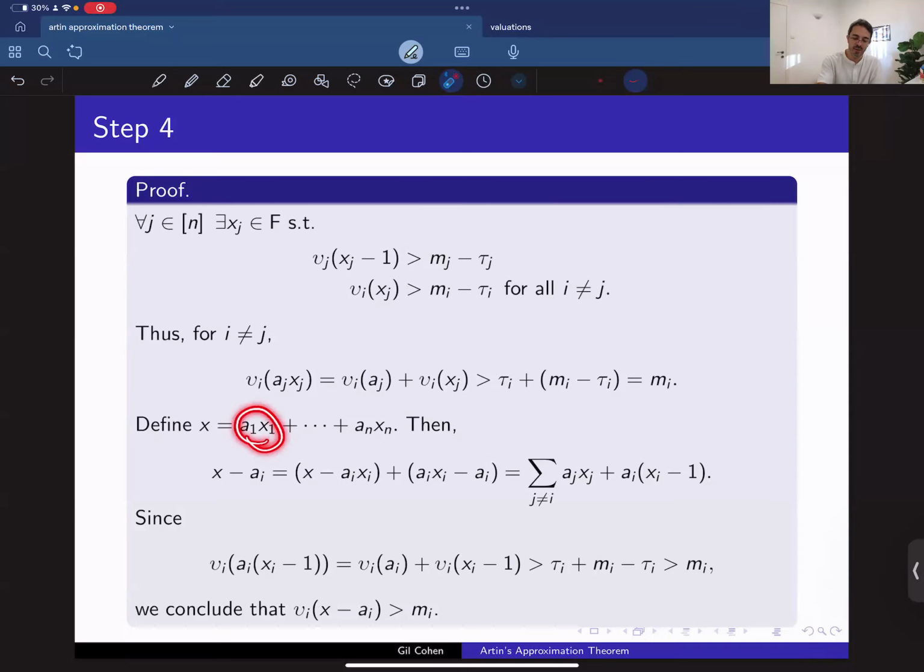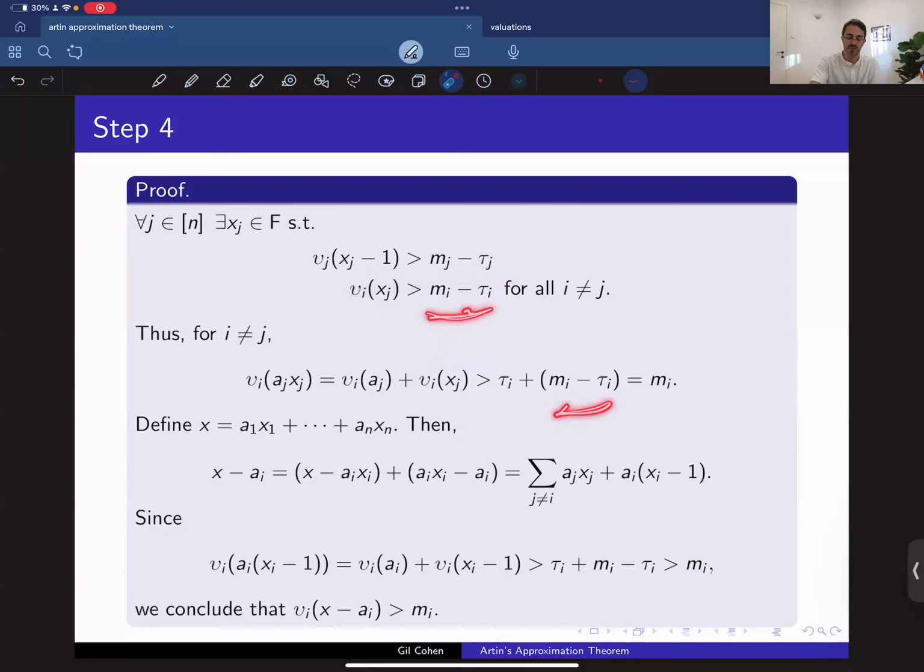In order to do so, let's consider any particular summand in x. So for i not equal to j, let's look at the i valuation. What do you know about vi of aj xj? Of course, by the product rule, it's vi of aj plus vi of xj. And we know that it's at least mi minus tau i.